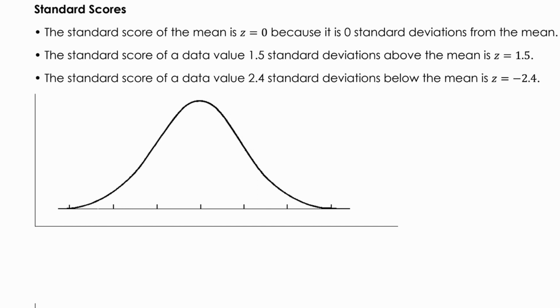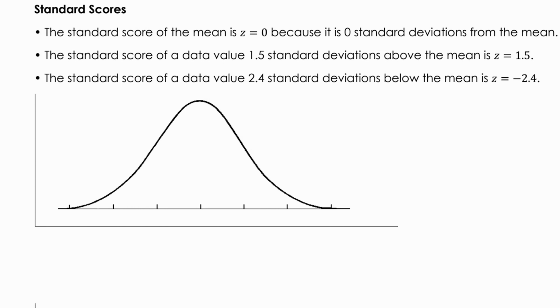Okay, so now we're going to talk about standard scores, and the 68-95-99.7 rule applies to data values that are exactly 1, 2, or 3 standard deviations away from the mean. But there are other times that you might want to know something like when you're 1.5 standard deviations away from the mean, or 1.3 standard deviations away from the mean, that aren't exactly 1, 2, or 3 standard deviations away from the mean.